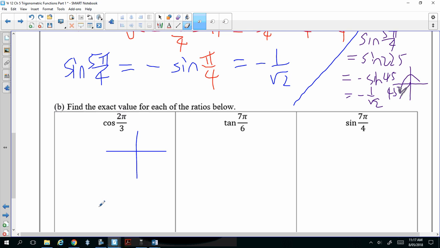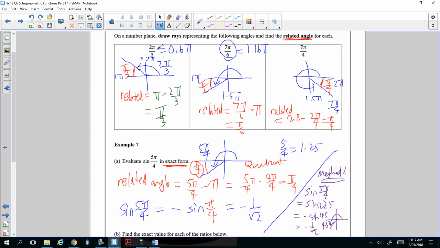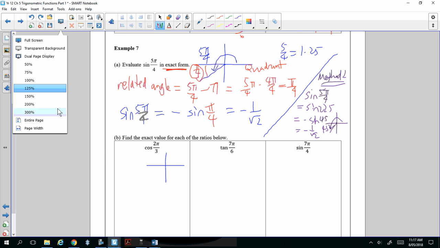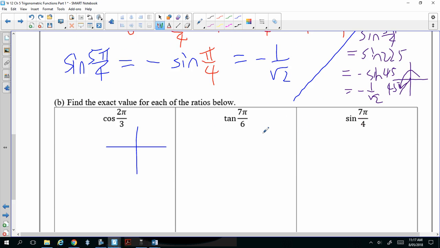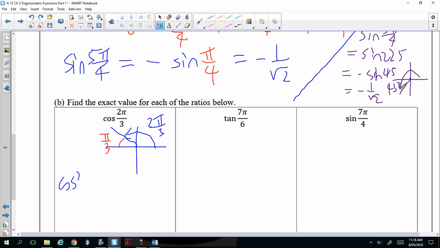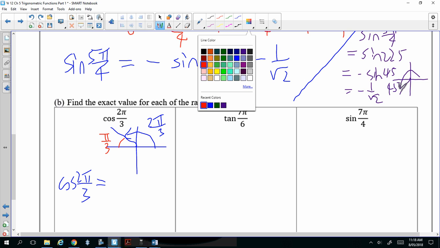So the first, 2 pi over 3, is in the second quadrant with the related angle pi over 3, as we found earlier. And then you write cos 2 pi over 3. In the second quadrant, cos is negative with the related angle pi over 3. Now, if you remember the table, you will find this easy. What's cos pi over 3? It is half. All right, try the next 2 as practice.